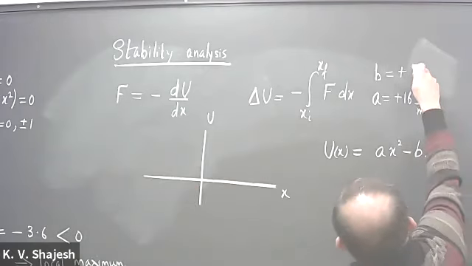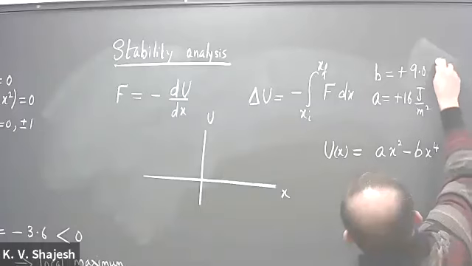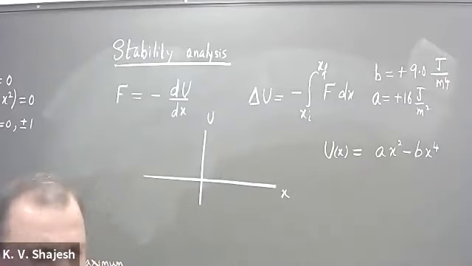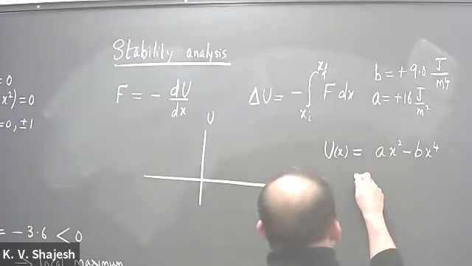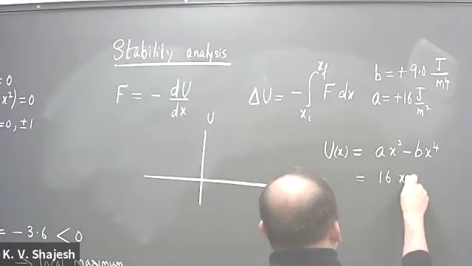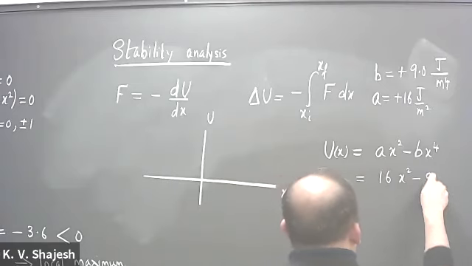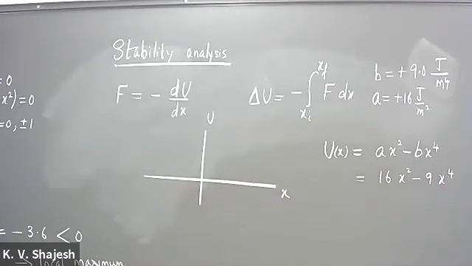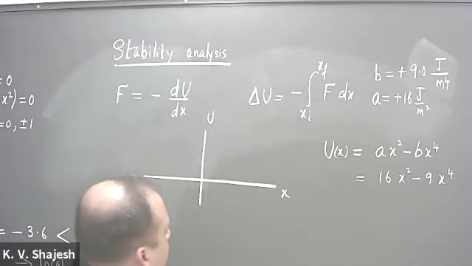So that's 9.0 joules per meter to the 4. So if I were to write this without the units in there, what I have is 16x squared minus 9x raised to 4. That's fine. Plot without the units showing up. How does this look like here?